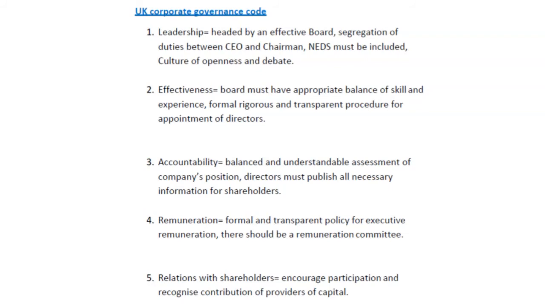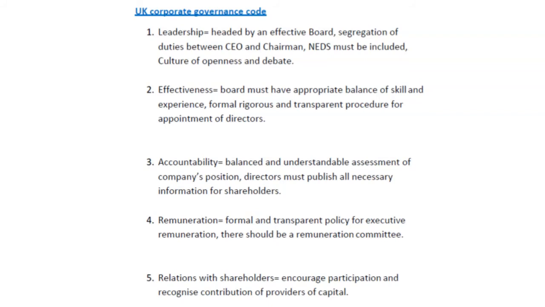So whenever you are analyzing the board structure, whenever any corporate governance question comes up, you can tell them that the leadership code is not followed because the leadership code states that the CEO and the chairman must be two different people. You will check for your organization if they are two different people. If they are two different people, then okay, good.